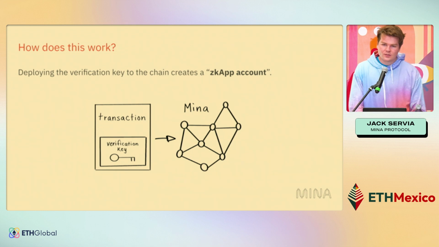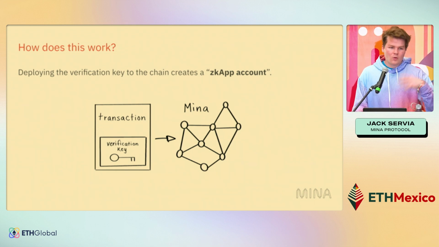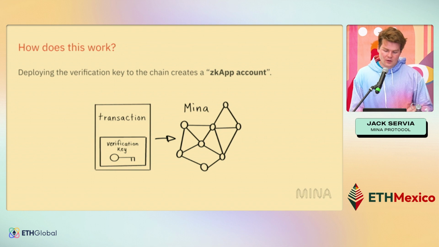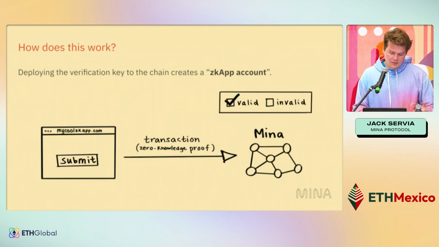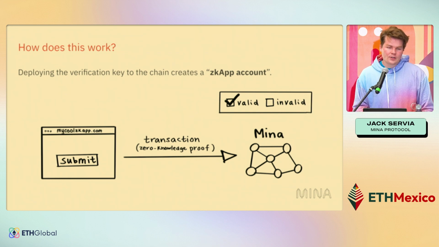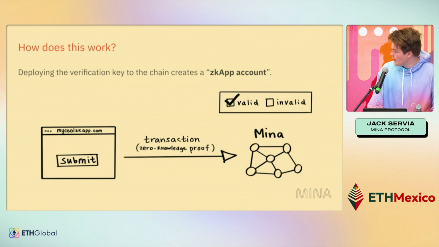This is how you can constrain these accounts to be usable only in some specific way that's defined by your smart contract logic. And so when we deploy one of these accounts, we can interact with it, doing whatever we want, as long as our transaction is also accompanied by a valid zero knowledge proof.